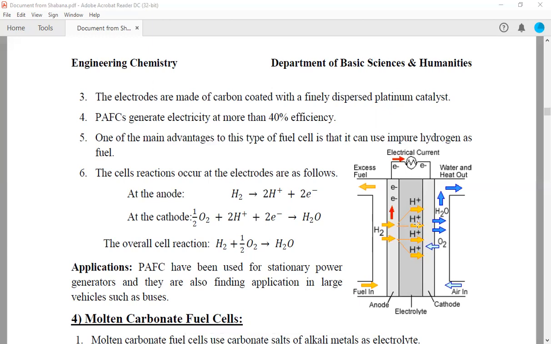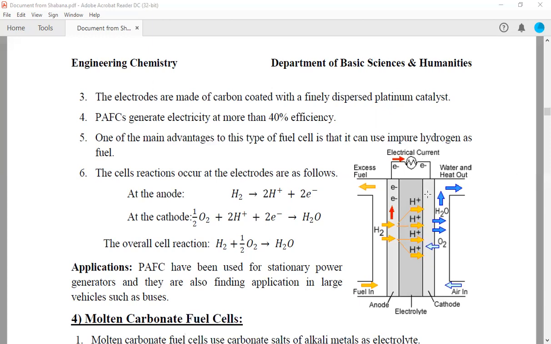Coming to the working of the fuel cell, the reactions that take place at the anode and the cathode are as follows. At the anode, as I already told you, the hydrogen gas is taken as a fuel. This hydrogen dissociates into H plus ions and electrons are liberated. These electrons move through the circuit, that is electric current, from anode to cathode in this direction.